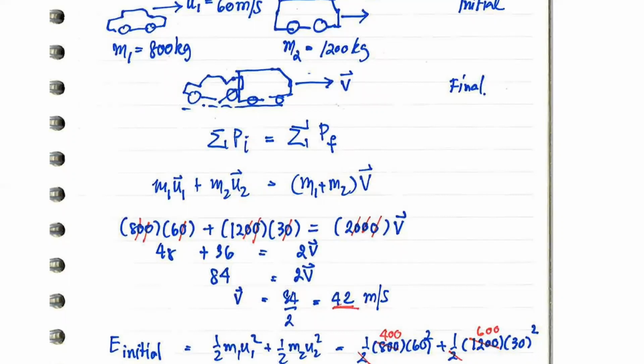Now here's the thing. The van is usually traveling at 108 kilometers per hour. But after the collision, it's moving forward with velocity increasing to 42 meters per second.